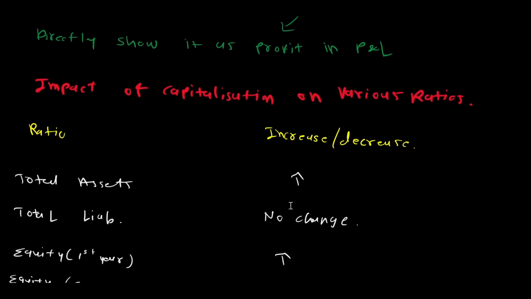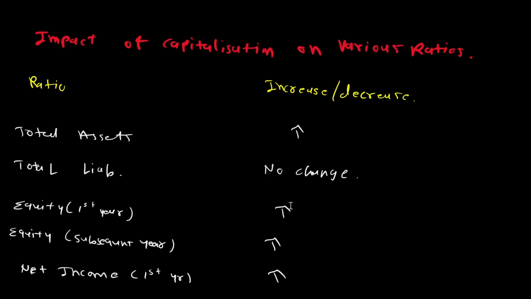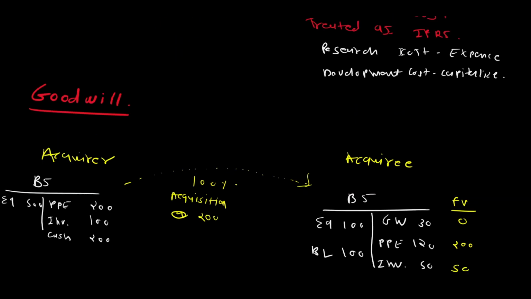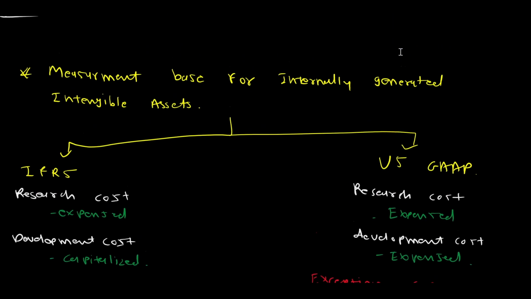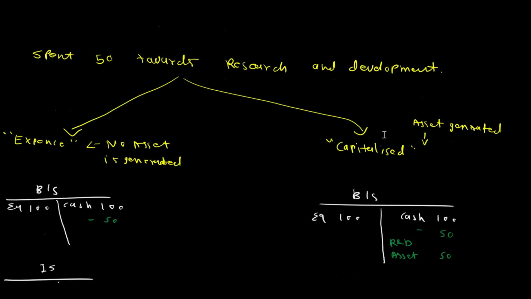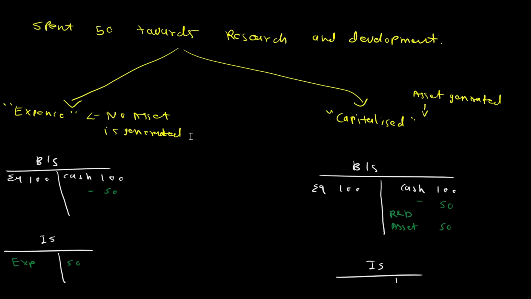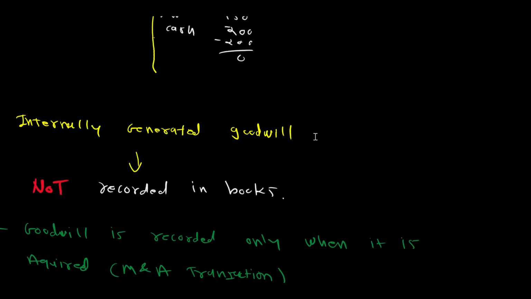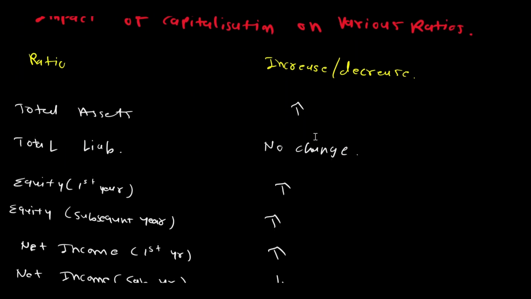then let's discuss the impact of capitalization on the various ratios. So if I capitalize certain expenses, as we have discussed here, expense versus capitalize, how will it impact the company's financial ratios?